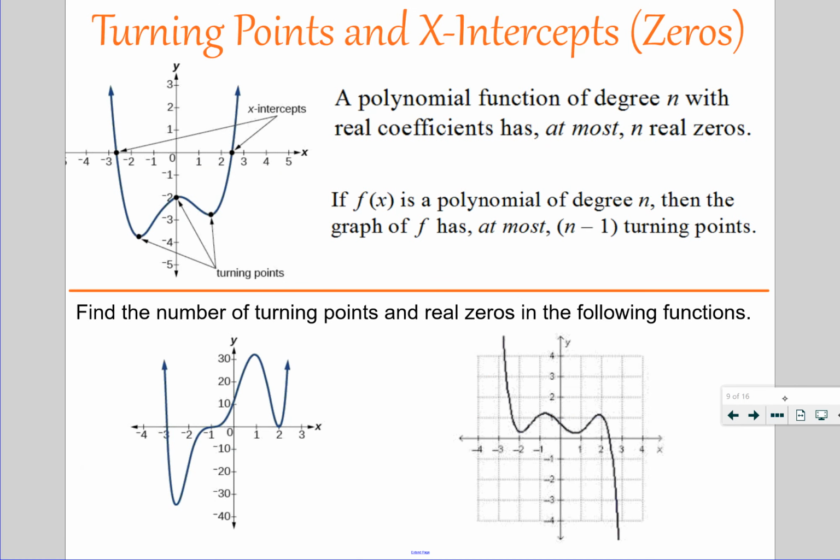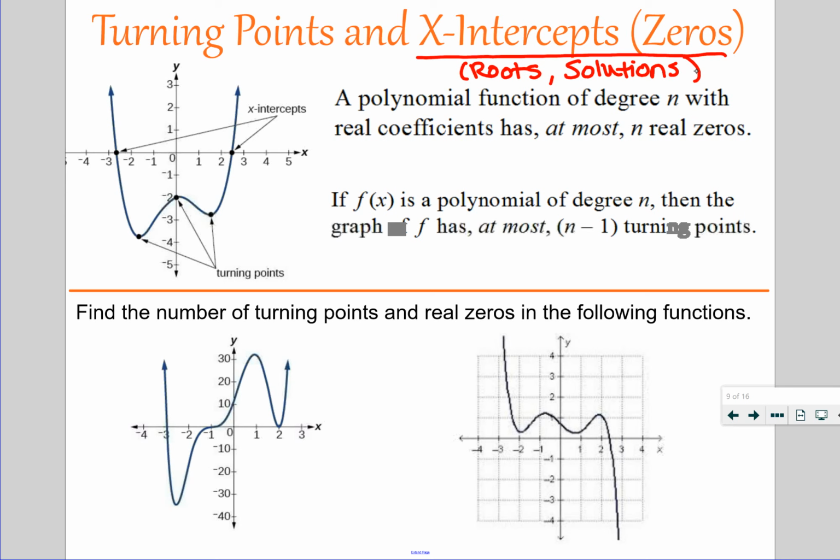Okay, the next couple definitions talk about turning points and x-intercepts. X-intercepts, remember another word for those is zeros or roots or solutions. All of those things we're going to see pop up again in this chapter. Most of the time when we're talking about polynomials, we don't use the word x-intercept, we use real zeros.